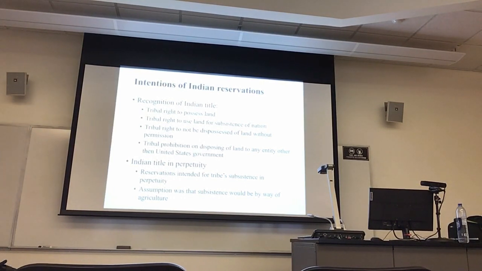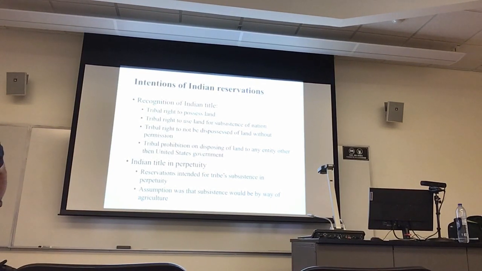But the idea of Indian title as defined by John Marshall pretty much is that Indian title is a right to possession. Okay? It's a possessory right. Indian tribes have the inherent right to possess their land and to use their land as they wish.